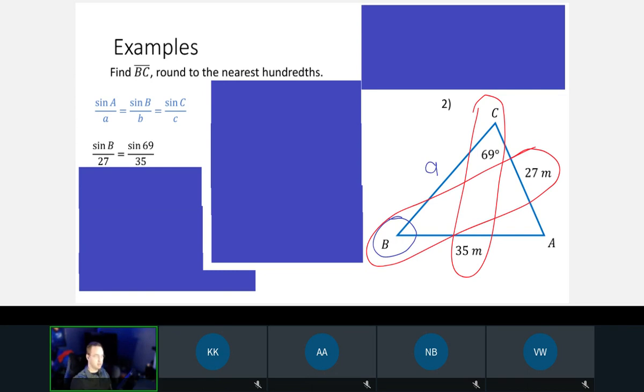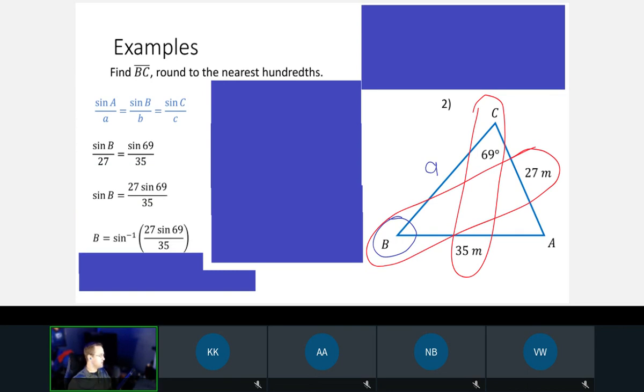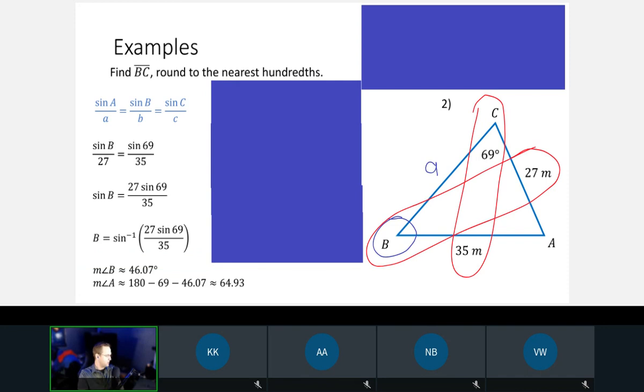So let's go on from here and see what's going on. We just solve for angle B. And right here, we really don't want to type this in, because whatever we get as an answer will be rounded, and you really want to avoid rounding your work when possible. It is possible to avoid rounding in this problem. But I went ahead and typed it in to show you that we get 46.07 for angle B, rounded.